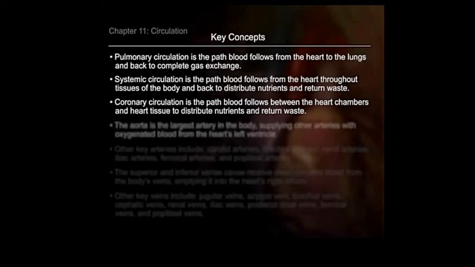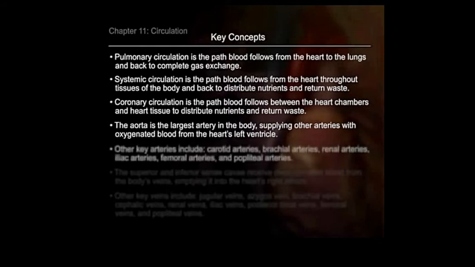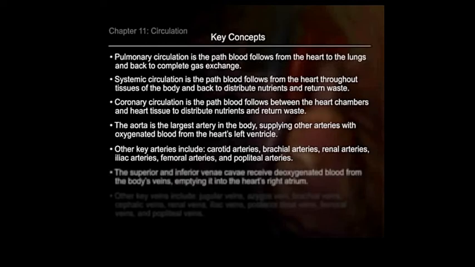and return waste. The aorta is the largest artery in the body, supplying other arteries with oxygenated blood from the heart's left ventricle. Other key arteries include carotid arteries, brachial arteries, renal arteries, iliac arteries, femoral arteries, and popliteal arteries.